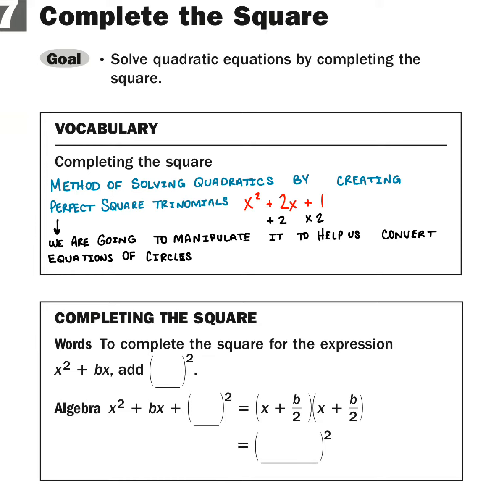And then when we factor this equation down, our perfect square trinomial becomes x plus 1 times x plus 1, because 1 times 1 is 1 and 1 plus 1 is 2, which we can simplify to be x plus 1 squared.